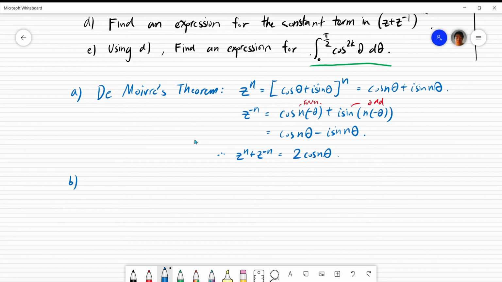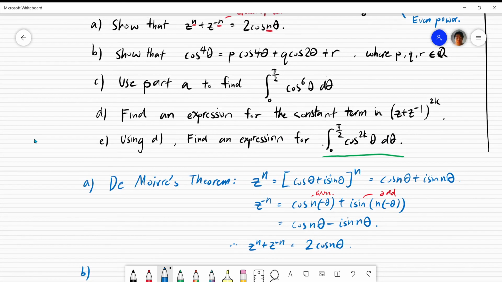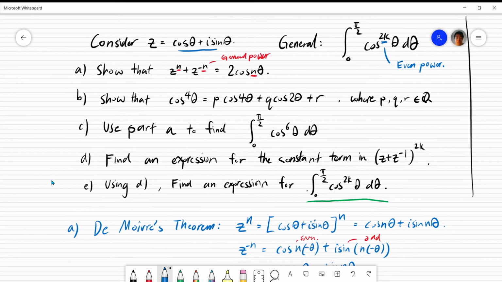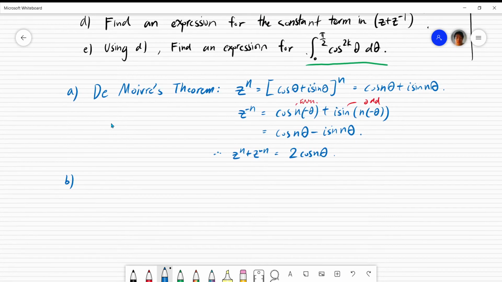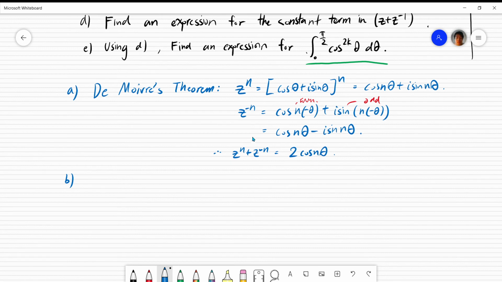Okay, now let's do part B. Well, we have to use the result from part A, right? So let's just use the formula. What exactly is cosine theta? Well, we can just let n equal 1 here, and that gives us almost cosine, but we'll get there.